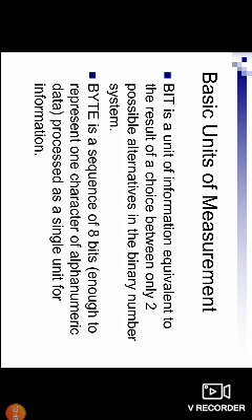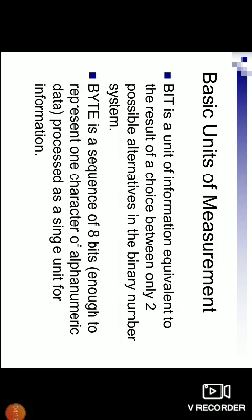Here a bit is a 0 or 1. Next comes the nibble. A nibble is 4 bits. Next one is byte. A byte means 8 bits. A byte is a sequence of 8 bits, enough to represent one character of alphanumeric data, processed as a single unit of information.